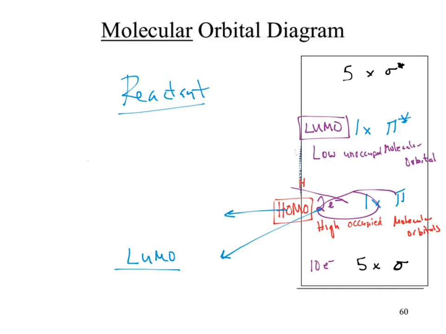What if I wanted the pi system to react? I wanted to put electrons into the LUMO here. What do I know about my reactant? It has to have a HOMO higher than the LUMO of this one. Okay? So it's all about how those electrons flow to lower energy states.